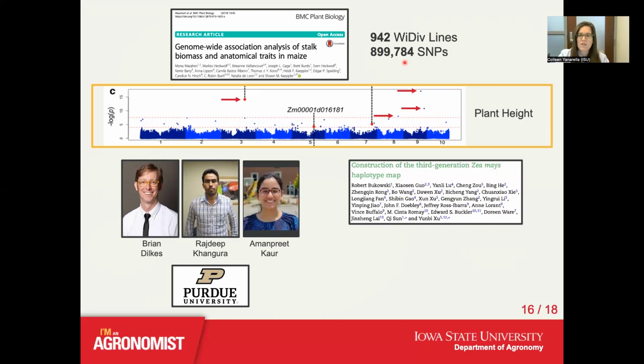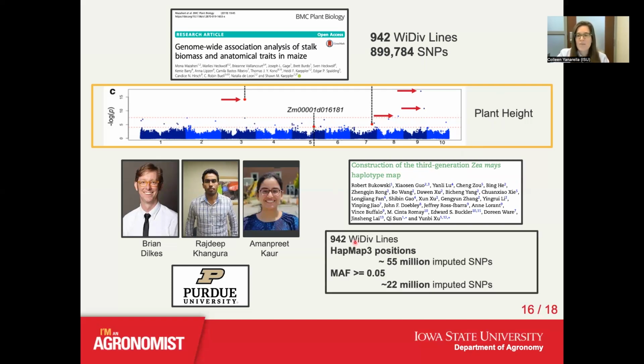And they've been using a tool called HapMap3. And what HapMap does is it imputes missing SNPs. So it uses statistics to determine SNPs that are missing in the data set. And using HapMap3, they generated a data set with roughly 55 million imputed SNPs for the Wisconsin Diversity Panel lines.